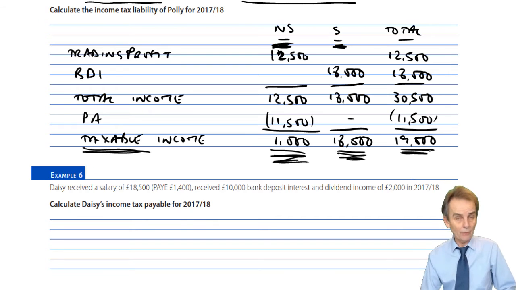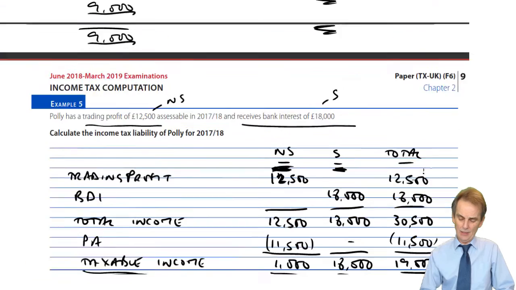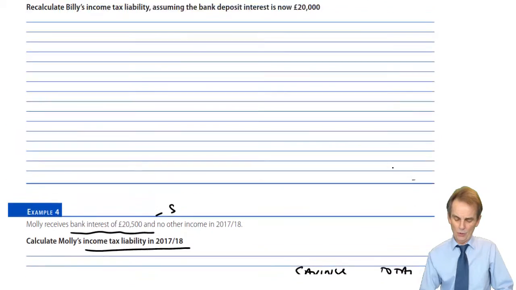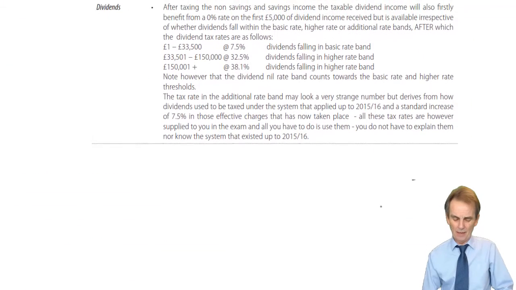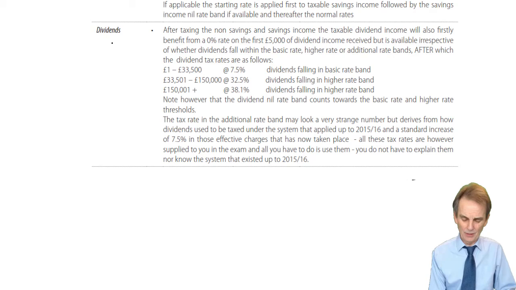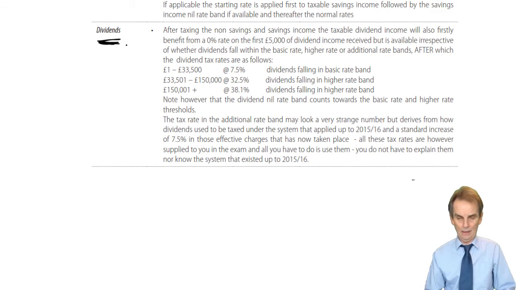I'd like you to finish off that calculation for me, please. And once done, check through the answer, make sure that you are happy with it. And then once you've checked that through, I would like you to open up your notes. We have to just go back a little bit here to what we had not made mention of last time, but that was the taxability of your dividend income.